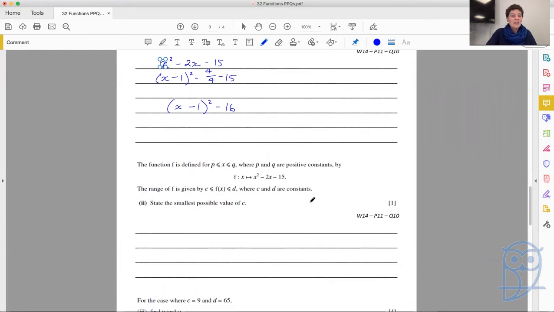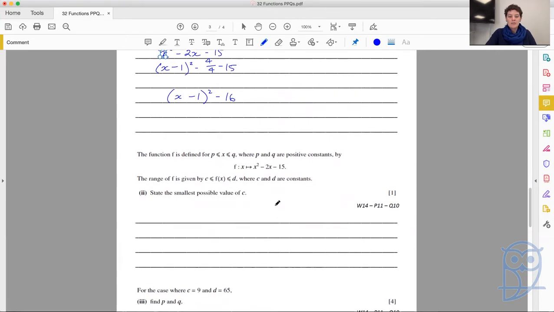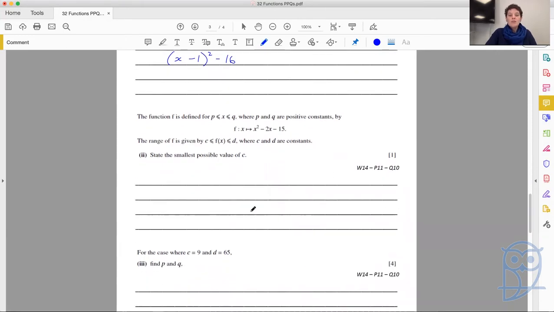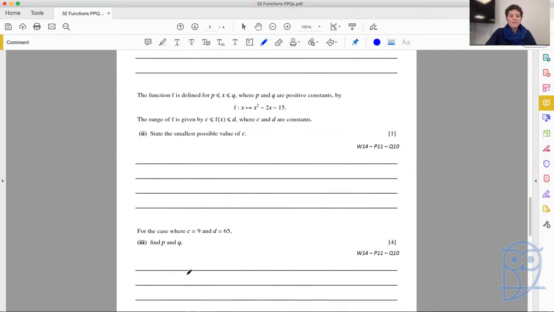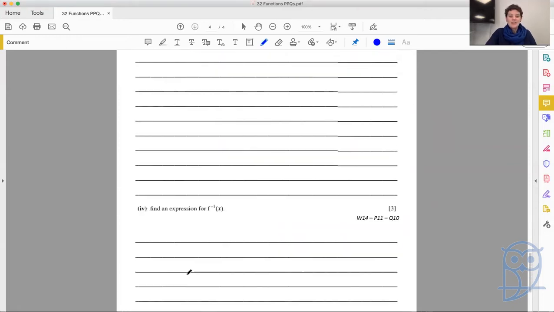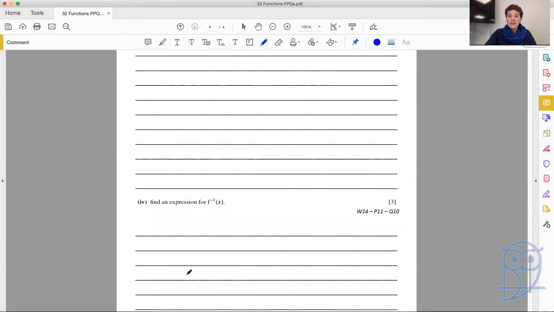Right, so first up, say the smallest possible value of c. Okay, we can work towards that. For the case where c equals 9 and d equals 65, find p and q. So if we give you the range, what's the domain? And then find an expression for f to the minus 1 of x based on that range and domain that you worked with.